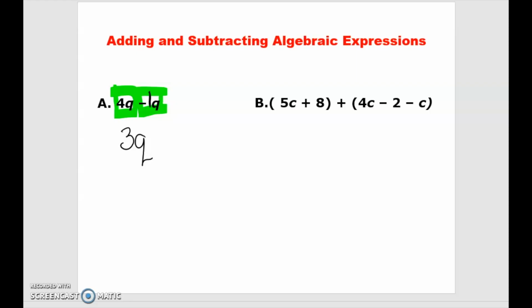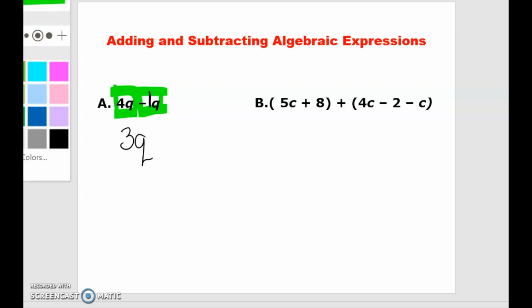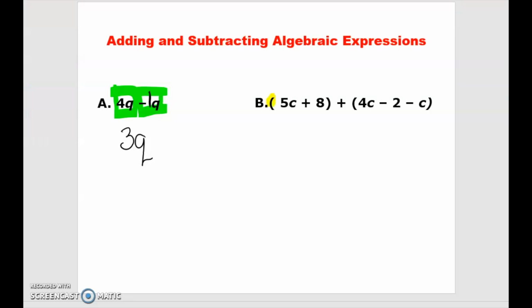Now looking at example B, we can see that it's changed slightly. We can now see that there's parentheses in here. And so anytime you see parentheses, you need to slow down. You need to stop and think, why are those there?